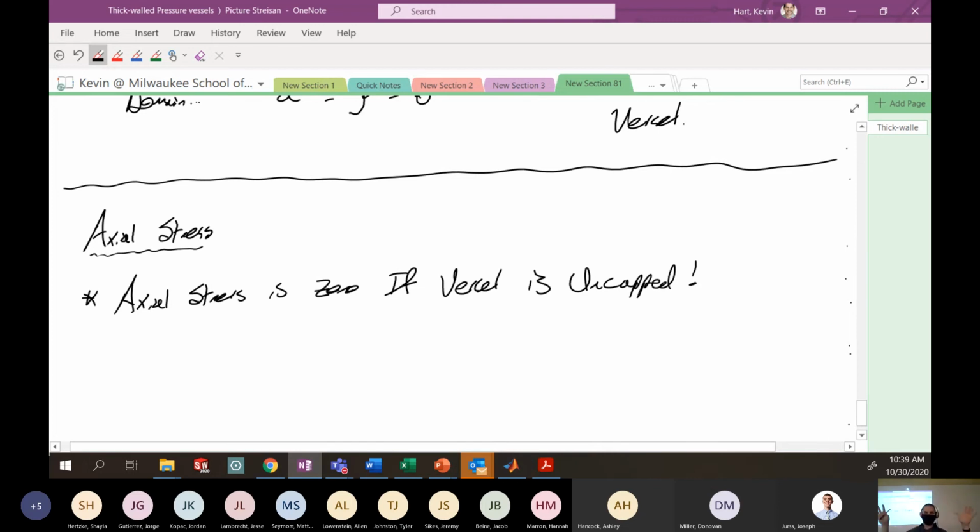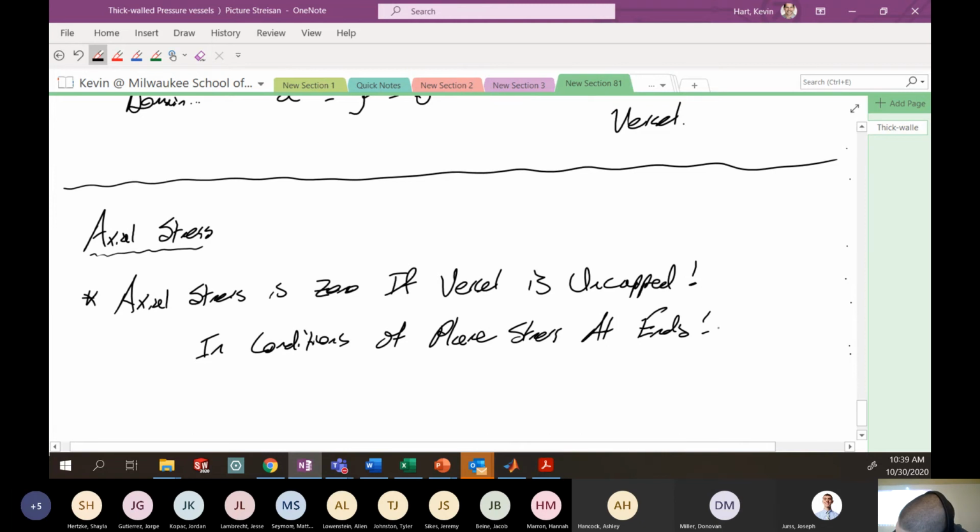It's free to expand in either direction. It's like a case of plane stress, more or less, at either end. So, in conditions of plane stress at the ends.